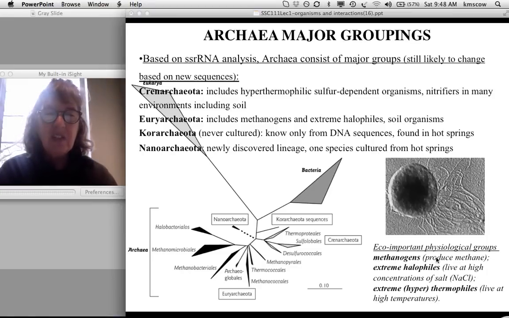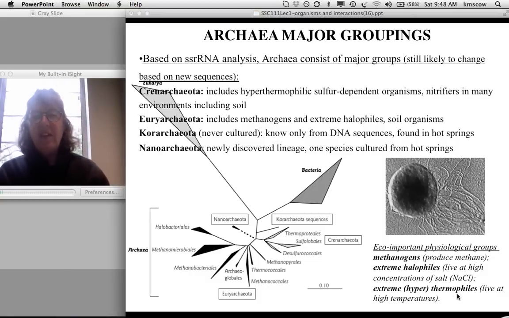Methanogens produce methane, and there are extreme halophiles that can live under very high salt conditions, and extreme thermophiles that we also find in compost heaps and around hot springs and in different environments. But anyway, it's a more functional way of grouping the archaea, and this is the phylogenetic way of grouping them.